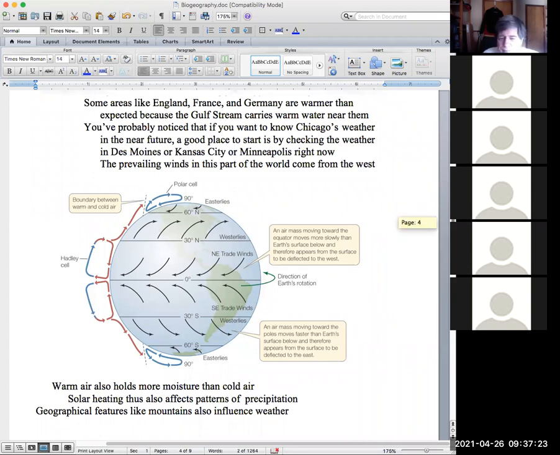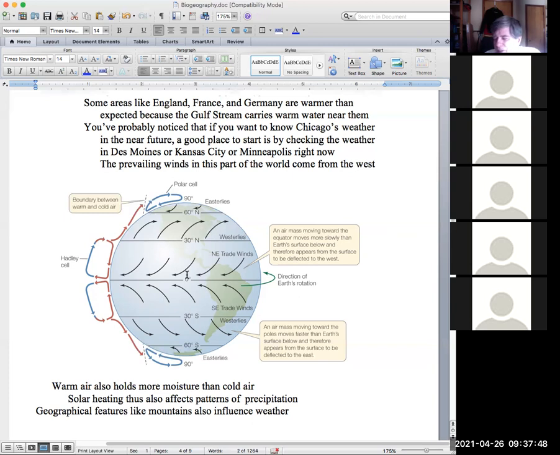So when the winds blow in these directions, this also creates some of the patterns of precipitation that we see. Because warm air can hold a lot of moisture, so it can hold more water for precipitation.